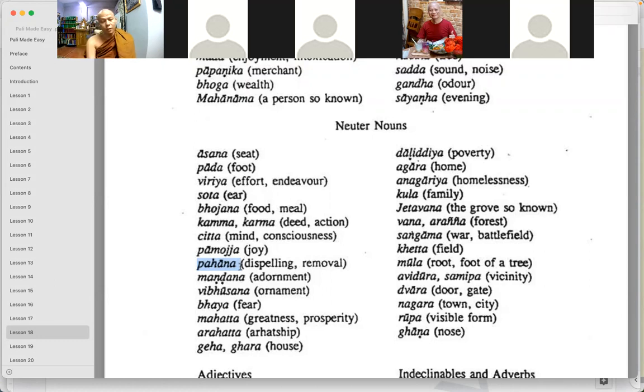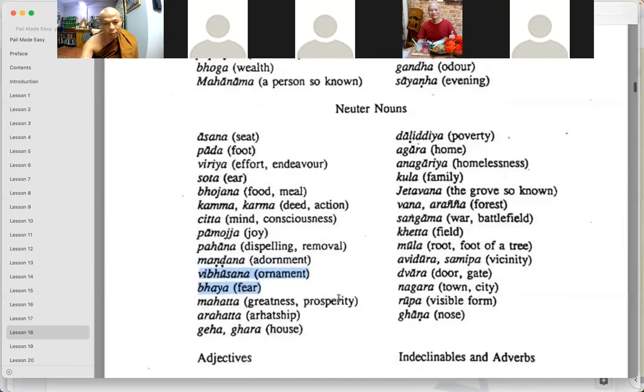Also neuter gender. Some come from the noun, but some from the root. And the mandana, adornment, vibhusana, the ornament.